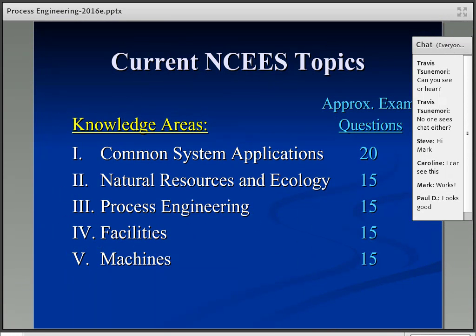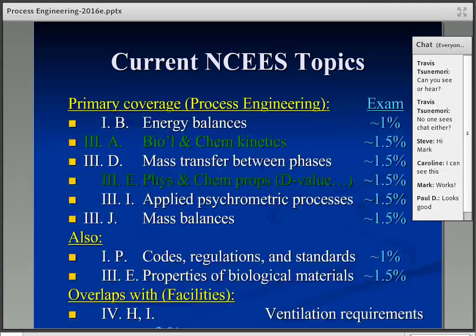Just going to place process engineering a little bit. I'm going to go very quickly on these introductions, but it's one of the 5 different knowledge areas that's listed. I made a list here that is rolling off the bottom of my screen, of the different areas that I hit on, and it's primarily in process engineering.